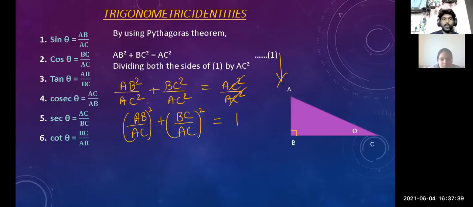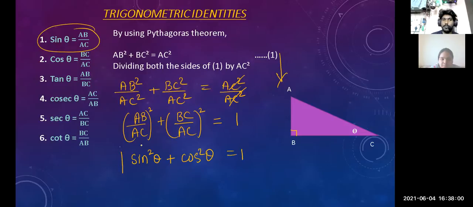Now, what is AB upon AC? Sine theta. So sine square theta plus cos square theta equals 1.